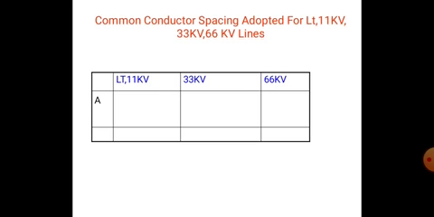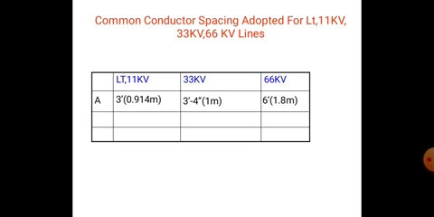For LT 11 kV lines the insulator spacing is 0.914 meters. For 33 kV it is 1 meter and 1.8 meters. And B, the spacing between conductor to conductor, is 1.35 meters, 1.5 meters and 2.4 meters.